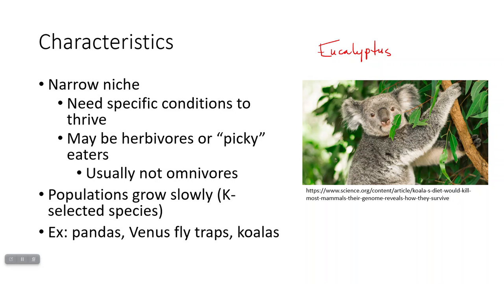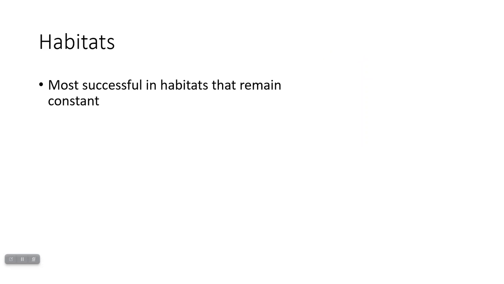So some examples: pandas, which we'll talk about on the next slide, Venus flytraps, which are an example of a specialist plant species, and koalas as well. These organisms that are specialists tend to be successful mostly in habitats that stay constant.